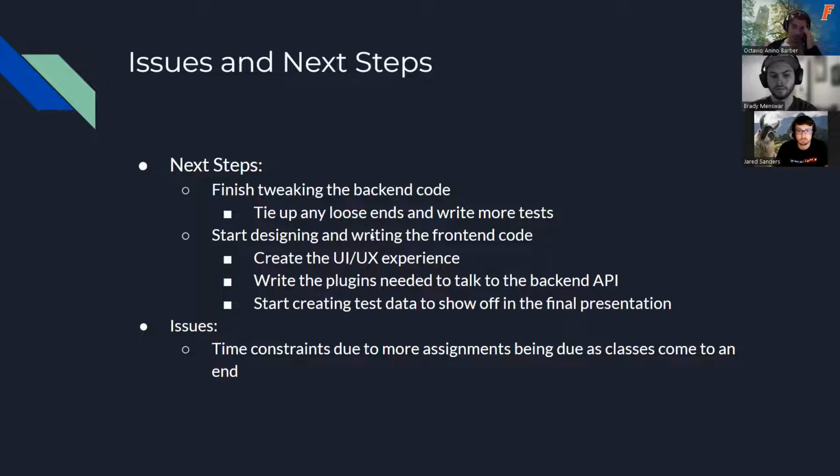We also consider that this is the end of the semester and there will be other things coming up that might put a constraint on how much time we can spend, but we're excited to get everything up and ready so that we can deliver a good product.